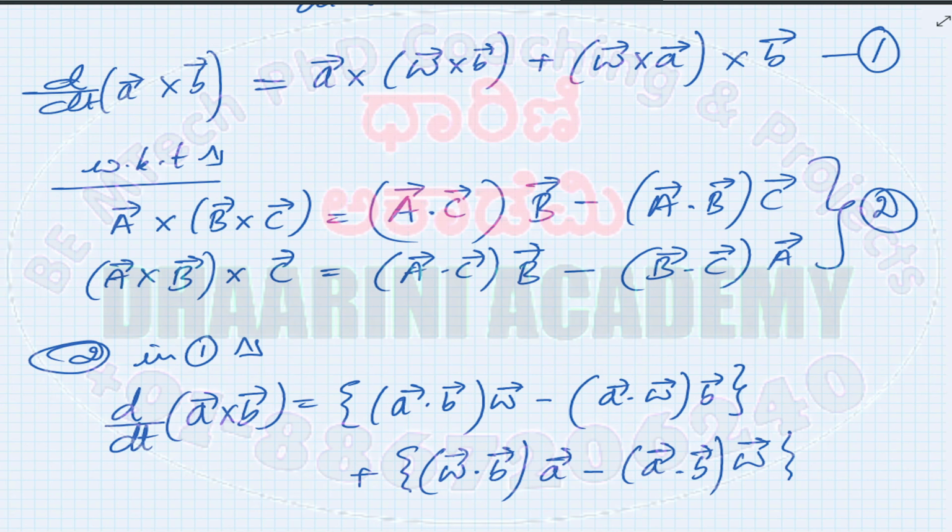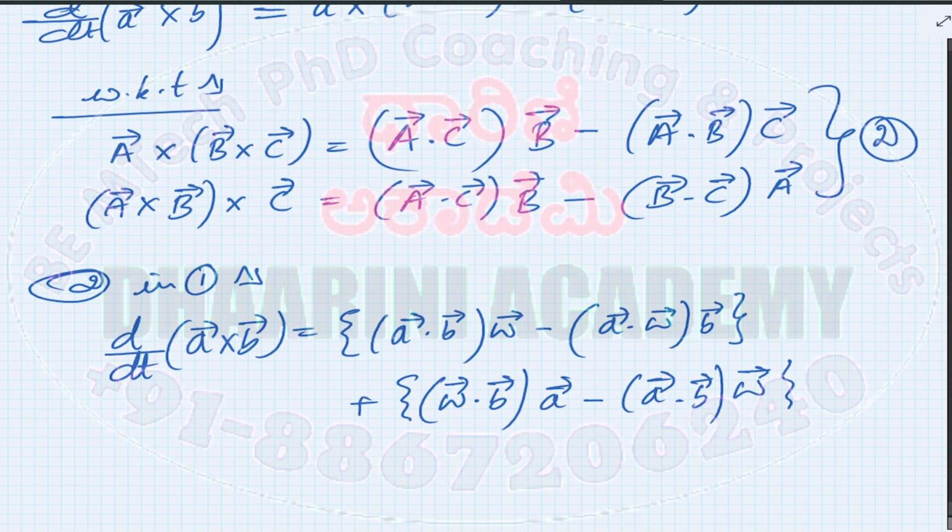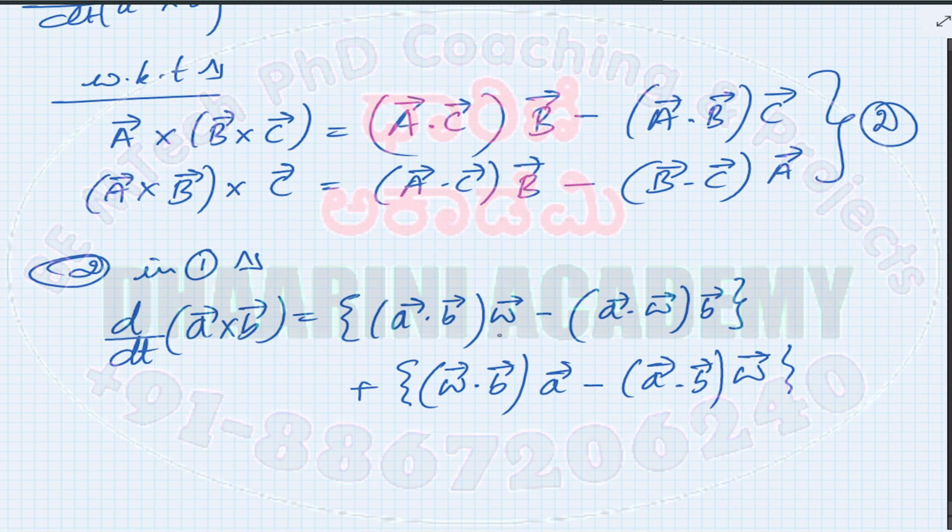So I can see inside this bracket, A vector dot W vector into B vector, W vector into B. I can see that these two terms get cancelled. This is positive, this is a negative term.